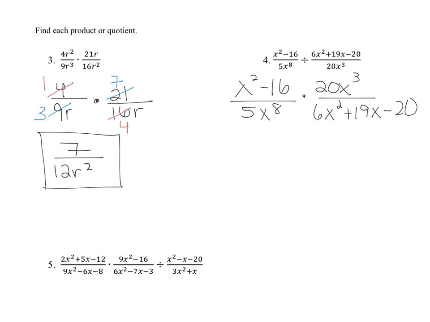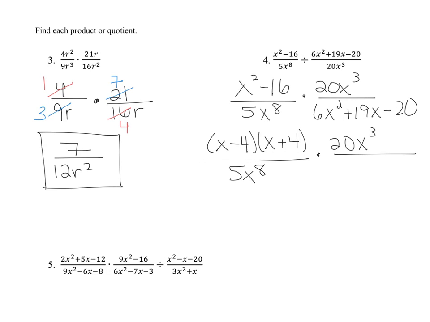Instead, we multiply by that reciprocal. Now that I see that, I'm going to go ahead and factor. X squared minus 16 is x minus 4, x plus 4, over 5x to the 8th, times 20x cubed, over 6x squared plus 19x minus 20. Take a little bit of time to think about that one.